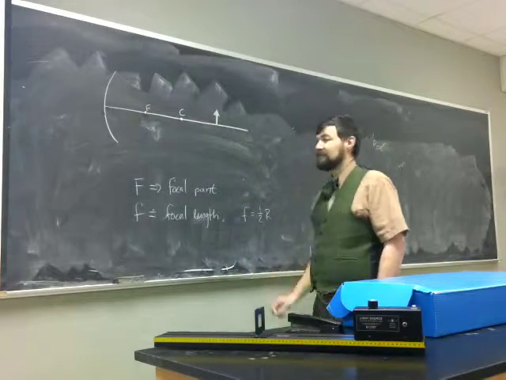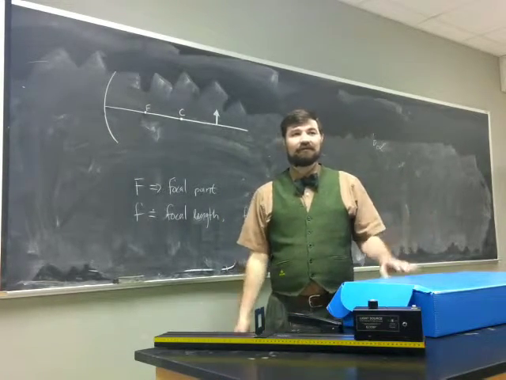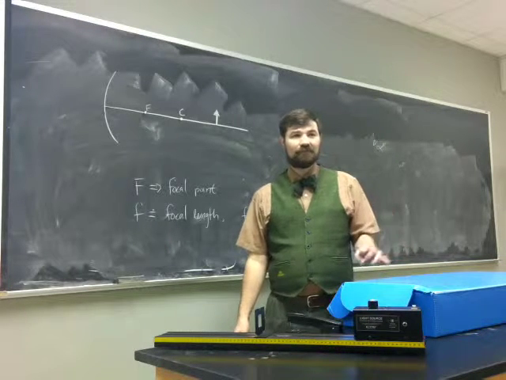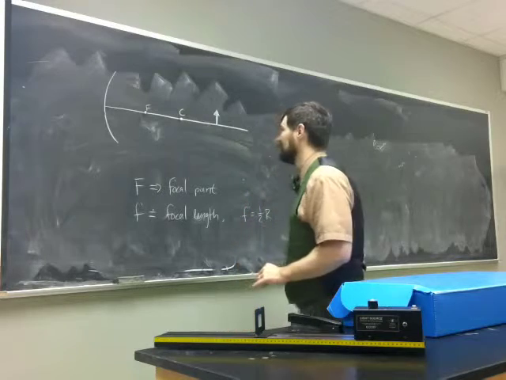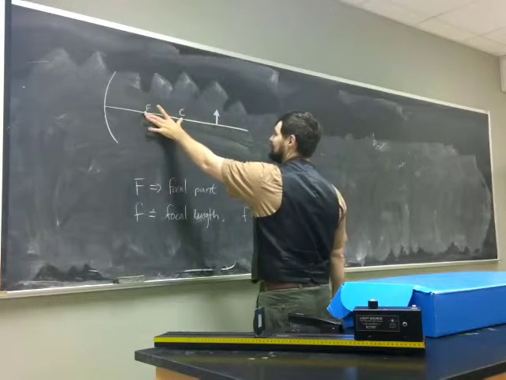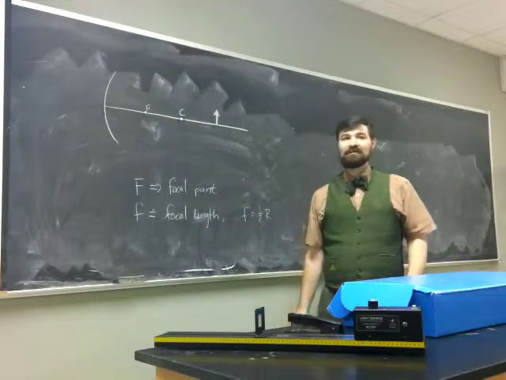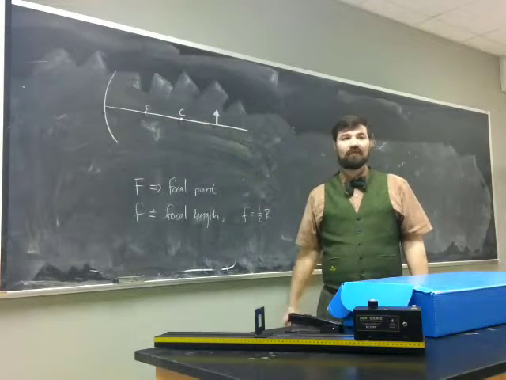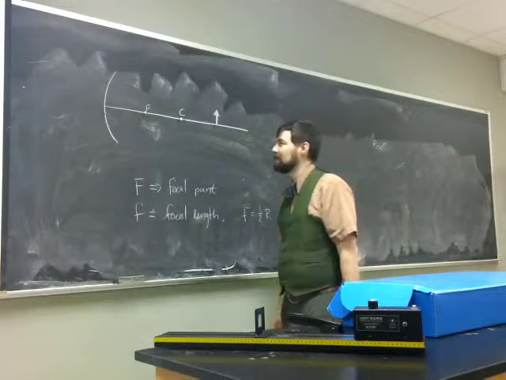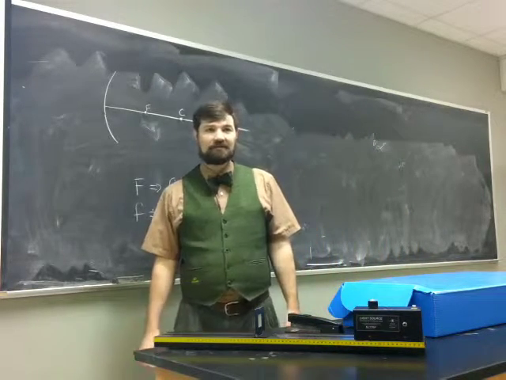What rays could I draw? Well, I could draw any number of rays. But there are a few that are actually helpful for figuring out where the image will be located. So I basically stuck it so that it's an equal distance away from the center as the focal point is. It just happens to be on the opposite side of the center. So let's draw a few rays.